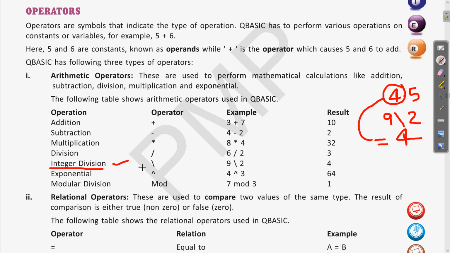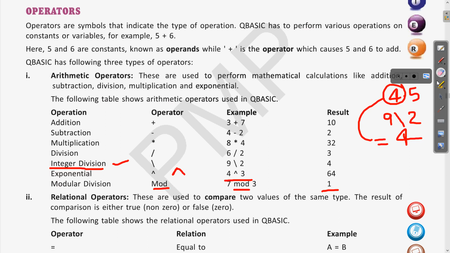Then exponent we have seen, that when we write something in power, for exponent we use this symbol, like 4 exponent 3. This will give you the exponent result. Then modular division we have seen, that when we write mod, it will give you the remainder, like when 7 is divided by 3, the remainder is 1. Clear?